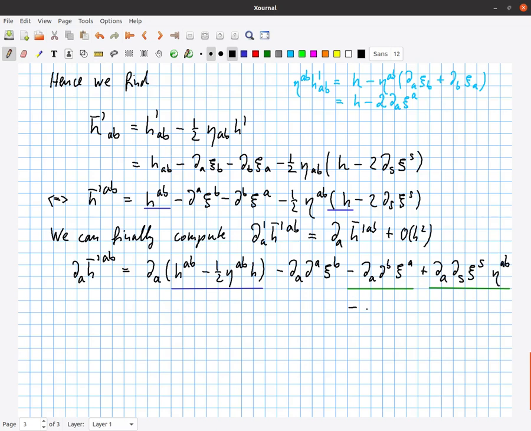This means we have minus partial_A partial^B xi^A plus partial^B partial_S xi^S. The name of the summation index is irrelevant, so I can change the A to an S or this S to an A, and I have an upper index B here. You see, the position of the partial derivative is different. However, it is not a covariant derivative, it is a partial one, and hence these two commute. I can change this to red now, and therefore these two terms cancel.